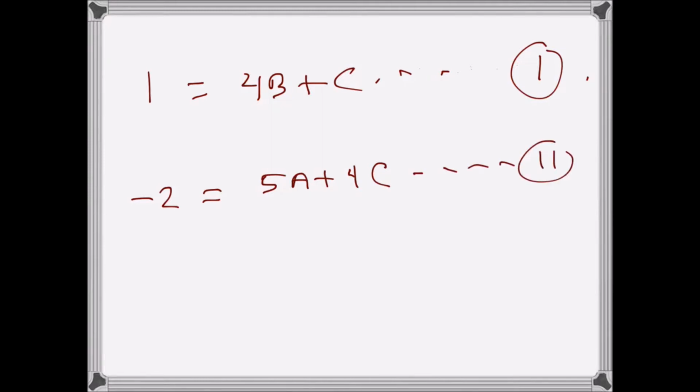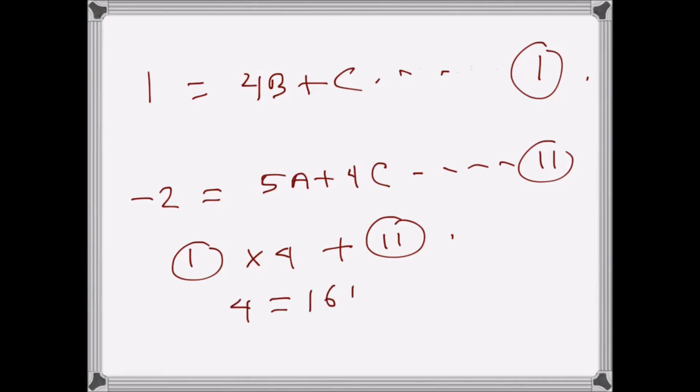Now we know A is equal to minus B. So what we will do is multiply equation 1 by 4 and then subtract equation 2, because we want to get rid of C. So 1 becomes 4 here, 16B plus 4C, and this stays the same, minus 2 and this is 5A. 5A I will write in terms of B, so that will be minus 5B plus 4C.